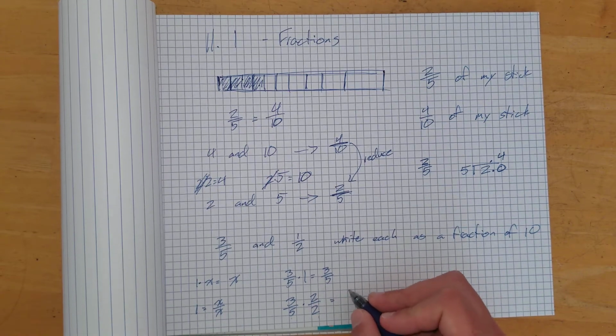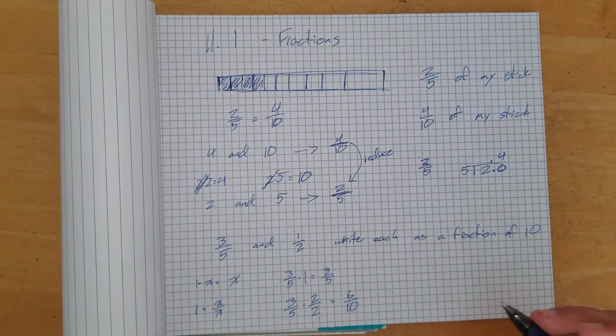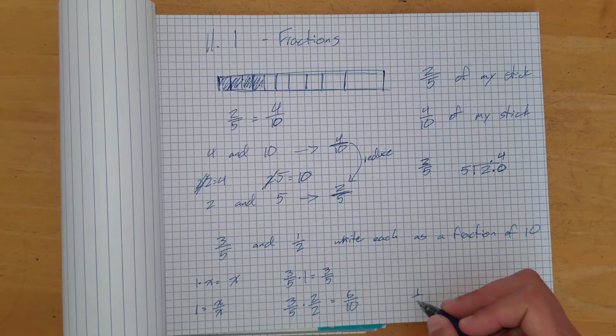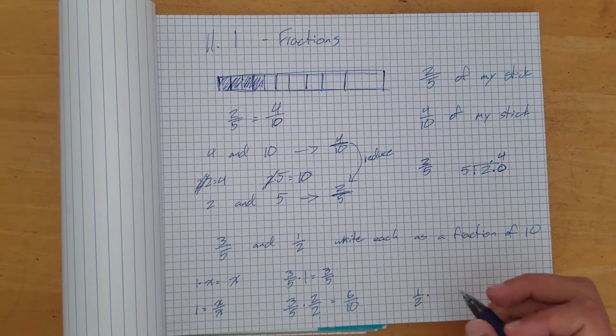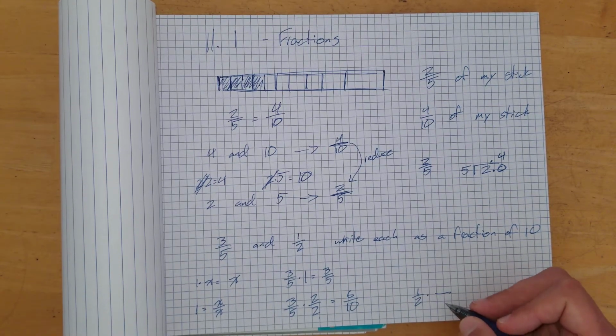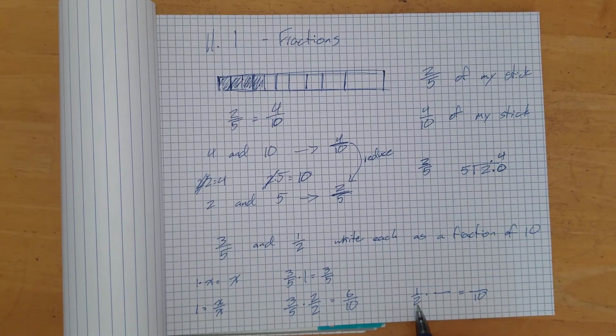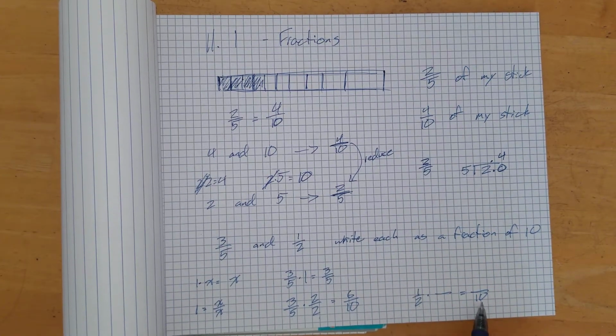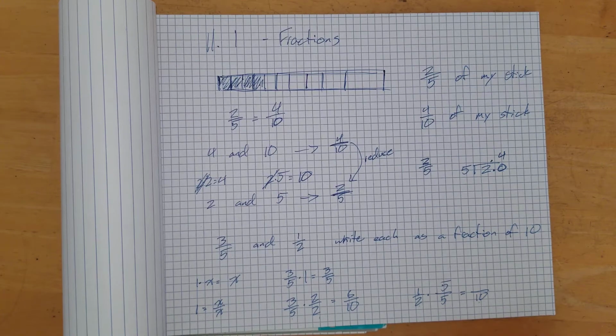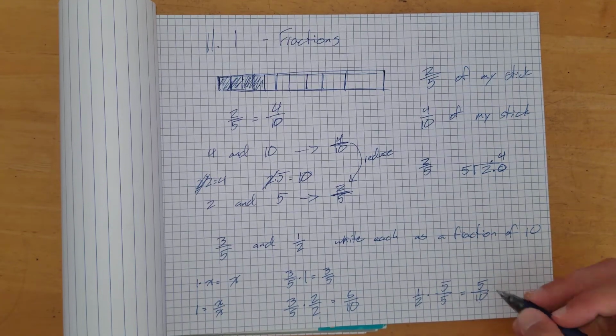So this is going to become 6/10. And then I'm going to take 1/2, and I have to do some number over itself to get 10. So 2 times what would give me 10? 2 times 5, right? So I have to write a 5 up here as well. So I'm going to end up with 5 over 10.